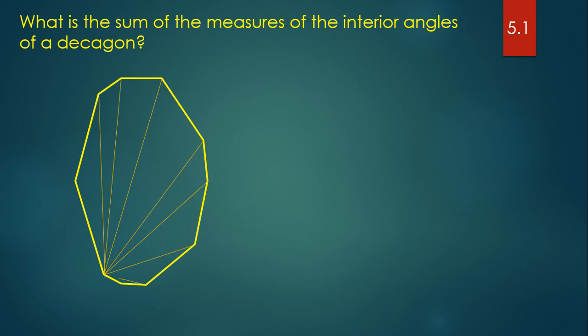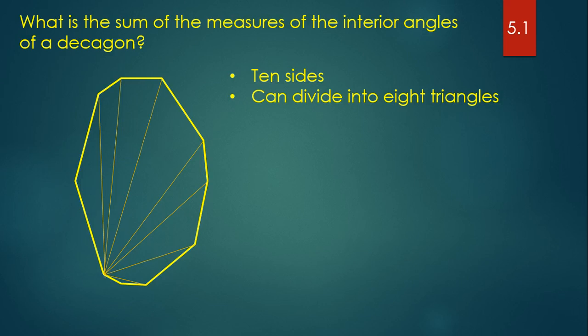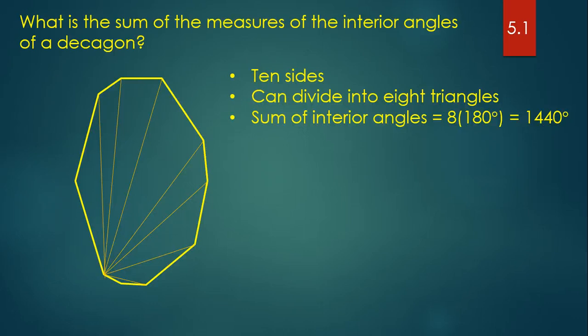So we've got 10 sides, and we can divide it into 8 triangles. Each of those 8 triangles has a total angle measure of 180 degrees, so the sum of the interior angles of the decagon is 8 times 180, or 1,440 degrees.